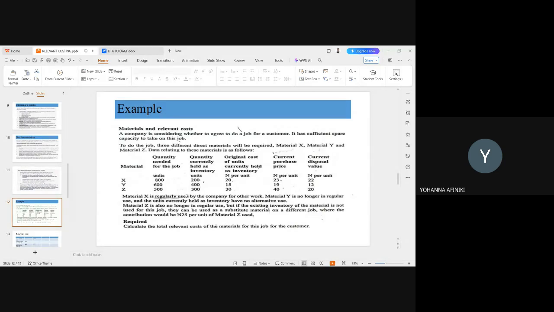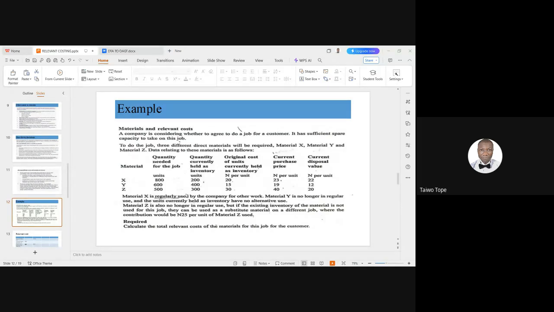Come again, please. So the point is, since material X is regularly used, the quantity in stock is not relevant to you because you always need it.